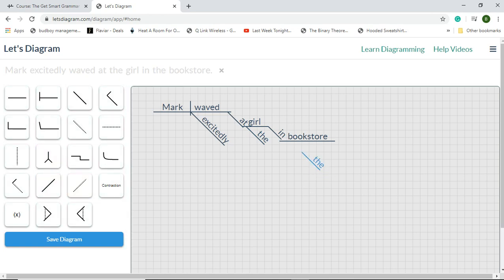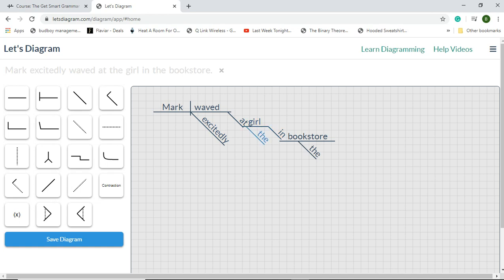That right there. So, when we take a look at this, Mark is our subject. Waved is our verb. Excitedly is an adverb modifying waved. At the girl is a prepositional phrase acting as an adverb, and it's modifying waved. At is the preposition. Girl is the object of the preposition.